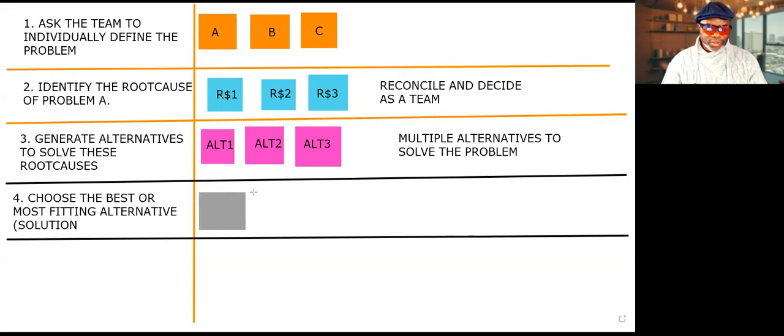So you carry out some dot voting on these items that you have from here. So these alternatives you could vote on them. So let me give you a visual that better explains what I'm talking about.